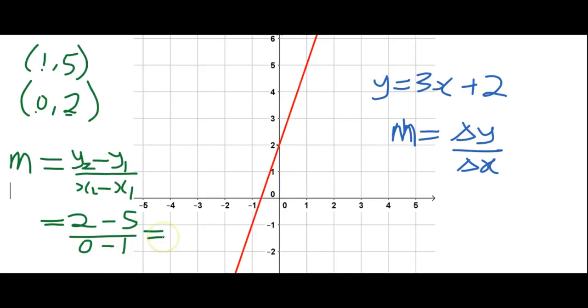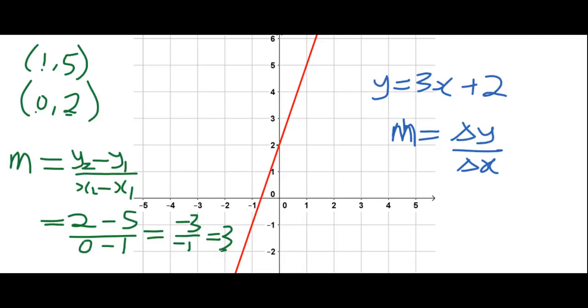This is calculated as negative 3 on negative 1, and the result is positive 3. If I pick any 2 points on this straight line, I'll get the same result, 3.